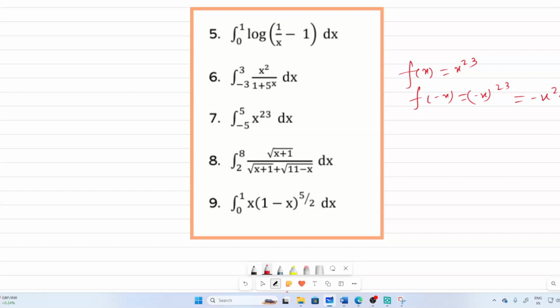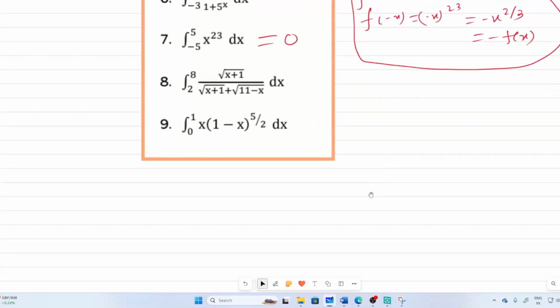So it is an odd function. It is minus f(x). Directly you write its value equal to 0, but you must show how f of minus x equal to minus f(x) for your board examination. So this has value 0. Another question where we are going to apply the fourth property. Fourth property is mostly used. This you need to keep in your mind.